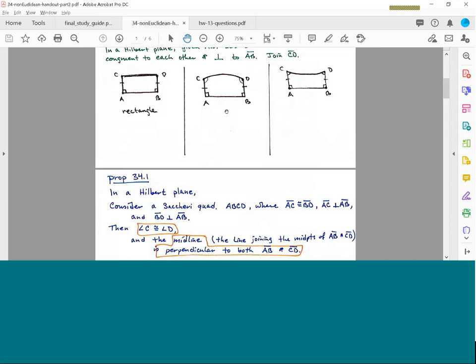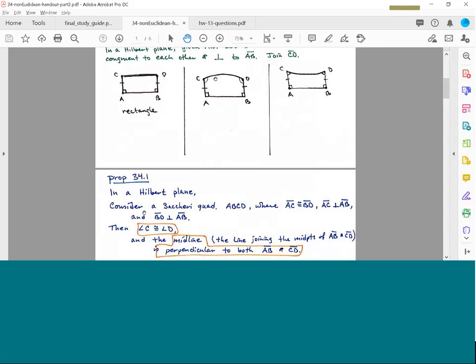So what we're going to do is prove that angles C and D are congruent to each other. While they will turn out to be obtuse angles, so bigger than 90 degrees, that's not going to be part of this proof. We're actually not going to prove that, I'm just telling you that. And then the last thing is we're going to deal with this thing called a midline. A midline is where you take the midpoints of AB, your base, and CD, your top, and join them together.